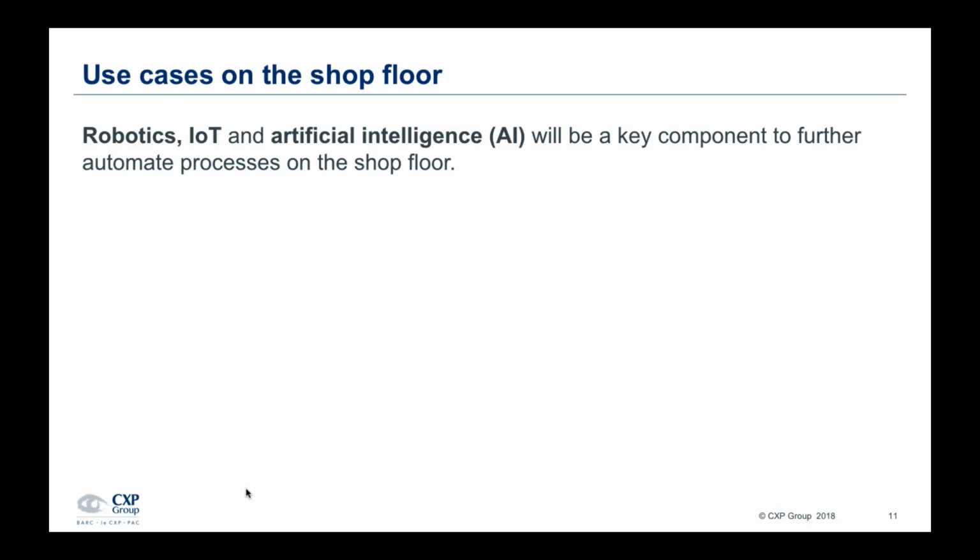Looking specifically at shop floor operations, technologies like robotics, IoT, and artificial intelligence will in particular be key components to further automate processes on the shop floor. And leveraging these technologies will enable what we call next generation automation on the shop floor, which will be based on smart robots.